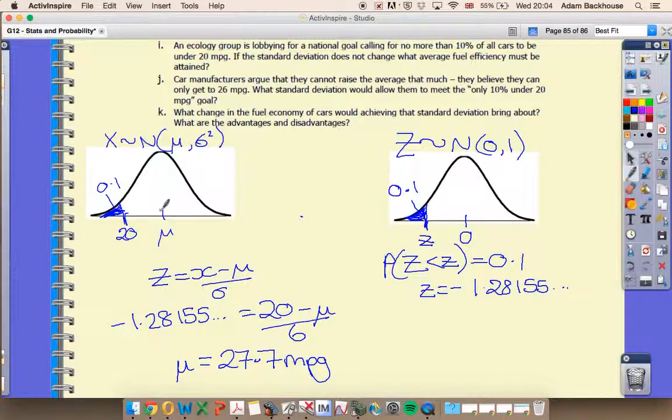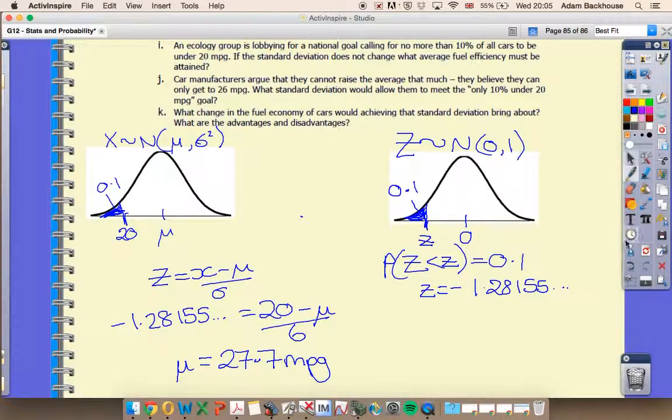Thinking about the context of the question, that does make sense. If we're not changing the standard deviation, we're going to have to increase the fuel efficiency to make our cars more efficient and to have fewer cars that have this low miles per gallon fuel efficiency. So that's how we can solve part I.